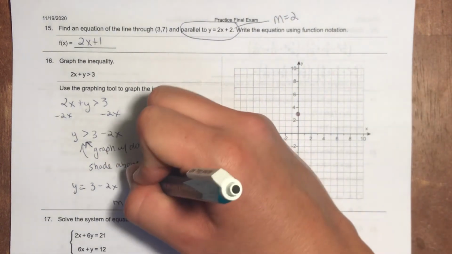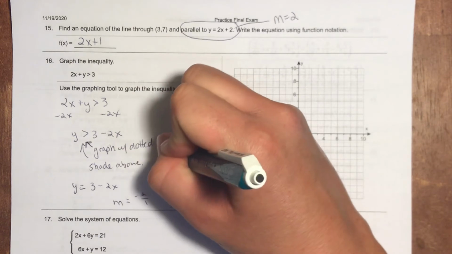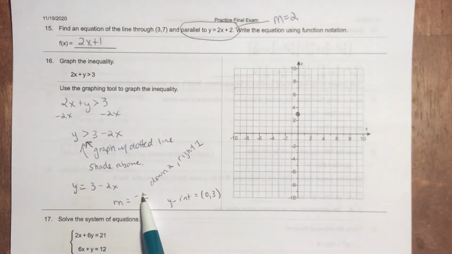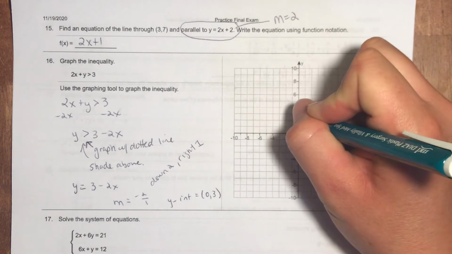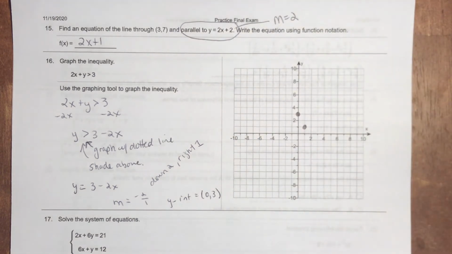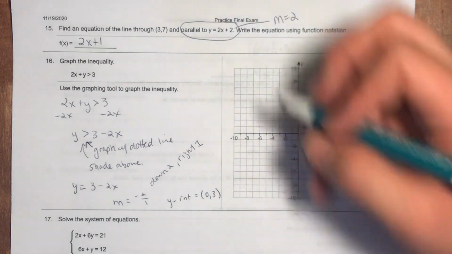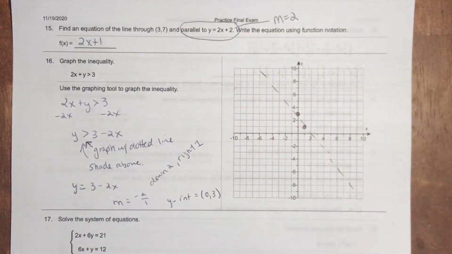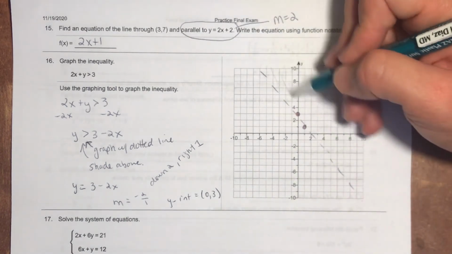For the slope, go down 2, right 1, because it's a negative 2 in the numerator, so down 2, and positive 1 in the denominator, right 1. So from our y-intercept, down 2, right 1, plot another point. Then we can draw our dotted line through our points. And then we are shading above.